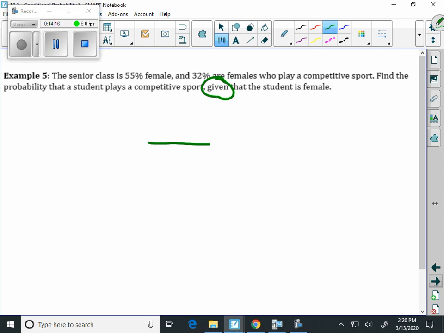Well, the senior class is 55% female. That's the first thing that's listed in there. Instead of writing 55%, I'm going to write 0.55. And I think that's why the state has us turn these into decimals sometimes. Because here's a percentage. So the 0.55, that's the female.